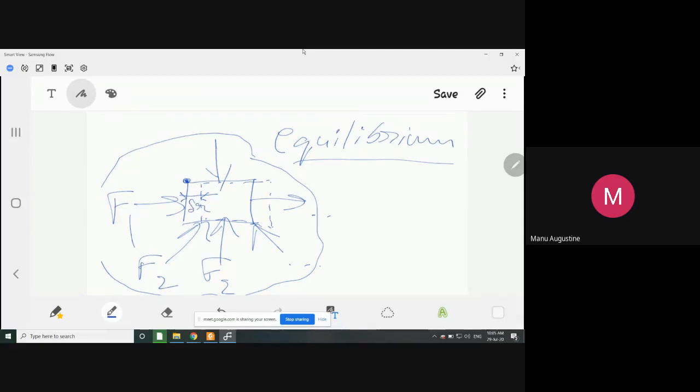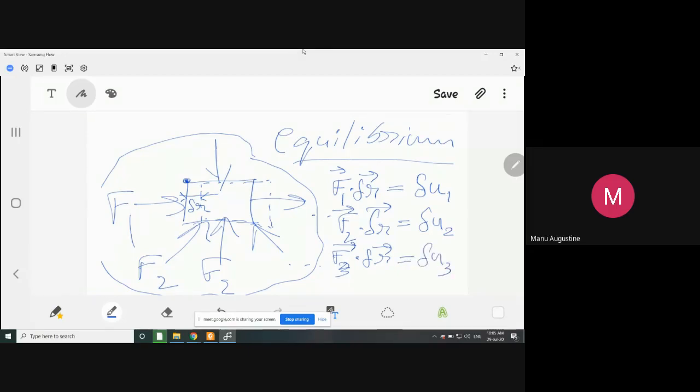Now the virtual work done by individual forces will be F1 into delta R, F2 into delta R, F3 into delta R, because the whole body has moved by delta R. These are dot products of the individual forces with the displacement. Let me use the notation small u to represent work. So this will be delta U1, the work done by F1, delta U2, the work done by the second force, and delta U3, the work done by the third.